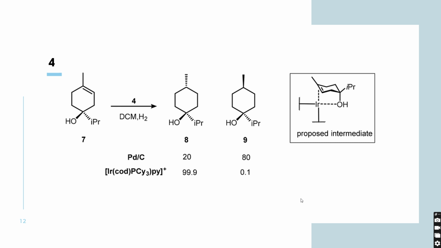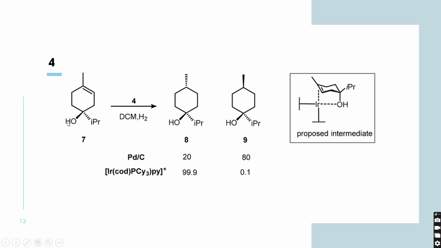Like here, if you look at the substrate, you have an alcoholic functionality. So this alcohol will bind to the iridium metal surface, and because of this binding, the hydride will be donated from the same side as the alcohol.